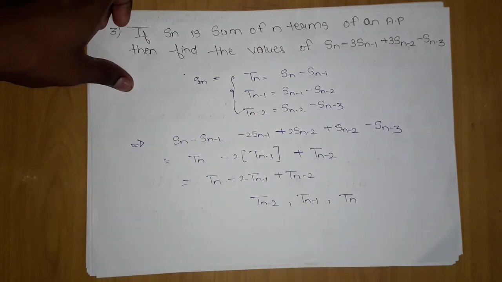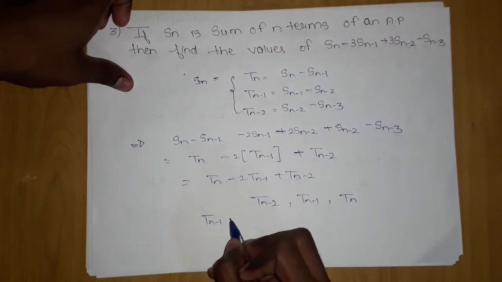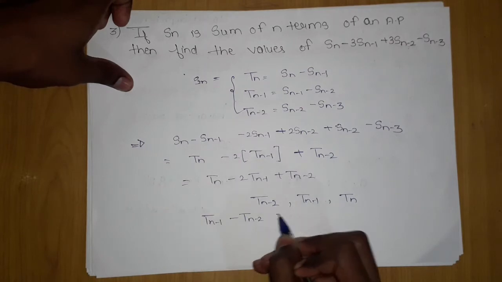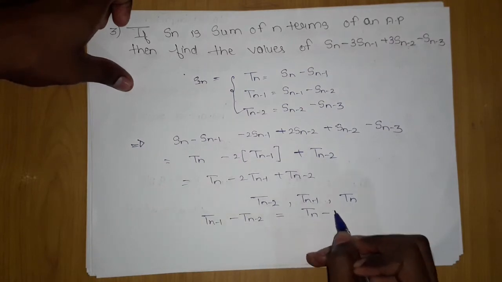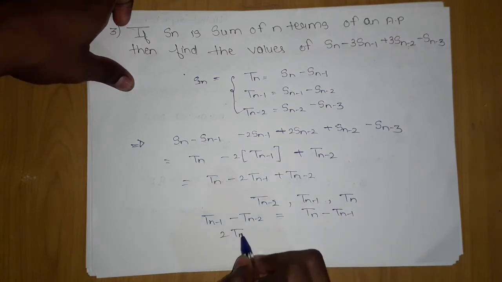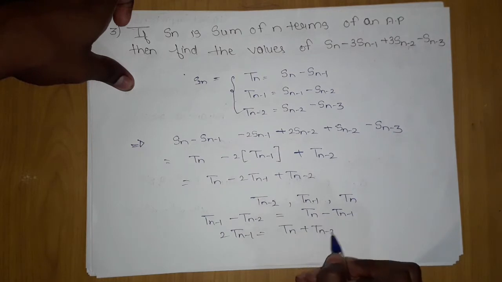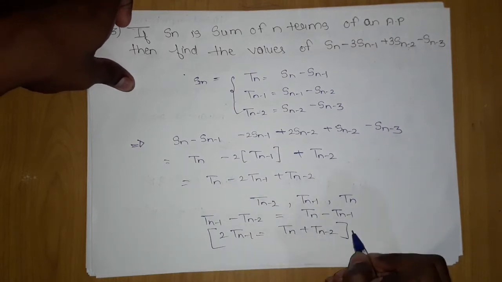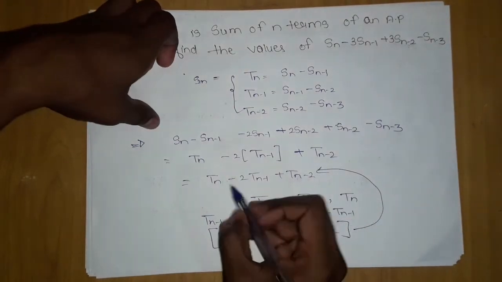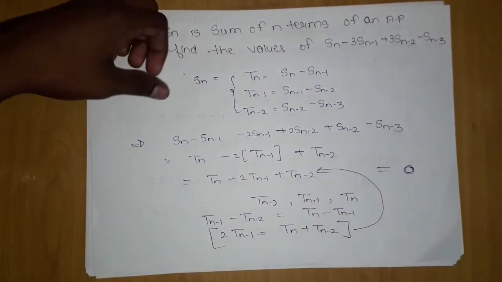So the difference of these two, Tn minus 1 minus Tn minus 2, should be equal to the difference of this, Tn minus Tn minus 1. If I move Tn to this side, we get 2Tn minus 1 is equal to Tn plus Tn minus 2. So we got this. Now if I put this value here, these two are equal to this, then what I get is 0 value. So 0 is the answer.